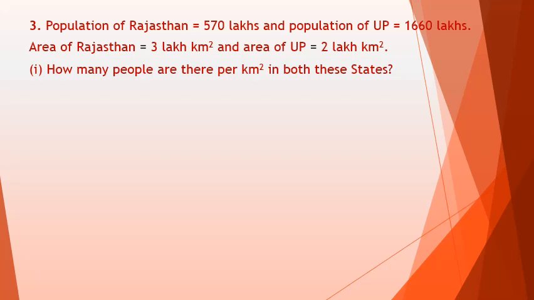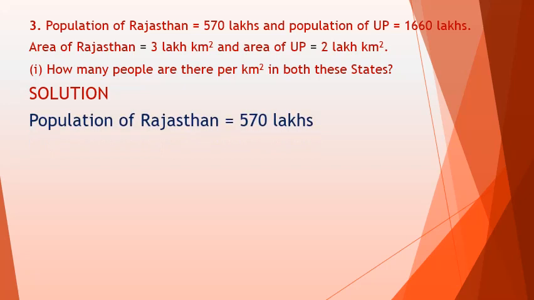So we can go with the unitary method. Population of Rajasthan equals 570 lakhs. Area of Rajasthan equals 3 lakh kilometer square.